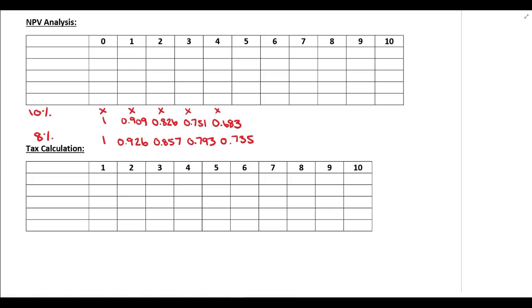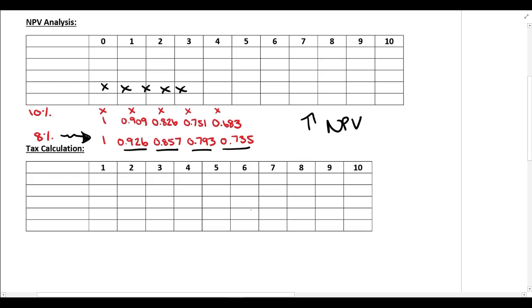All right, so you can see over here, I have the discount rate of 10%, which we were working with previously, and I've also just added a discount rate of 8% so that you can see the difference between the present value factors. Now you can see with a lower discount rate, so if the discount rate decreases, these present value factors over here are higher, which means you're taking your cash flows over here in all of the years and you're multiplying by a higher factor, which is going to cause the net present value to increase.